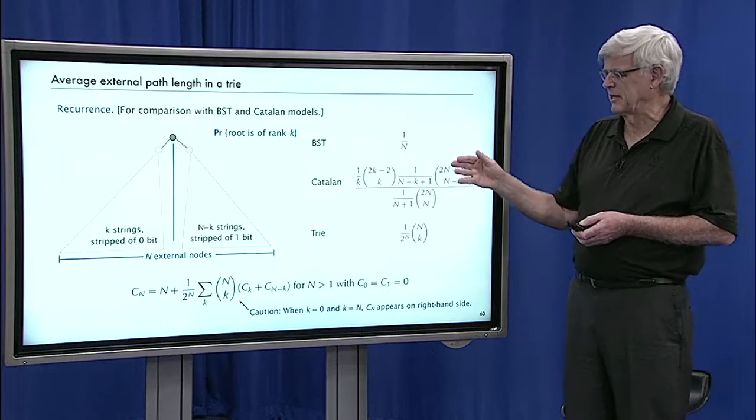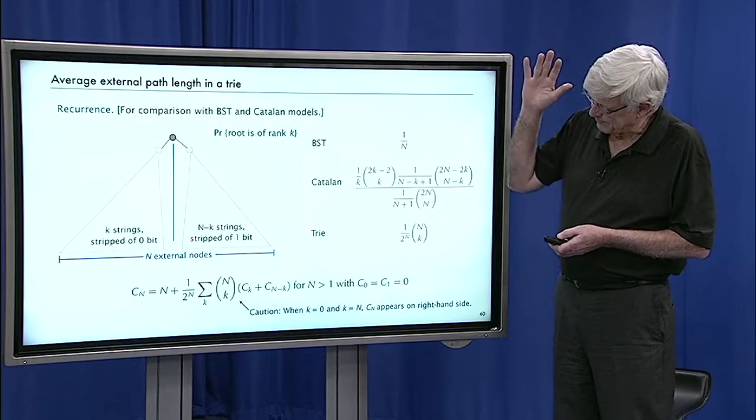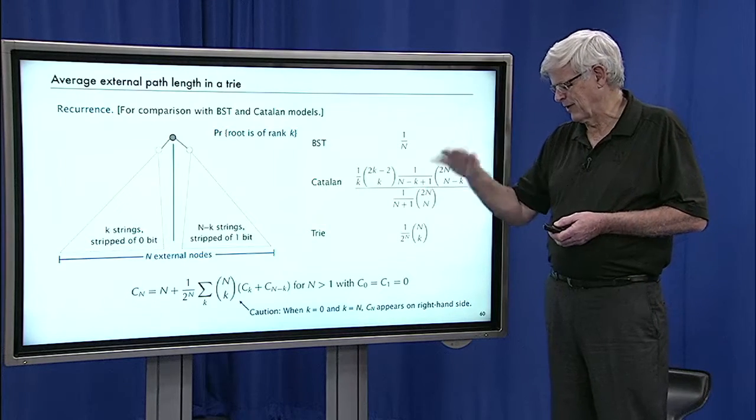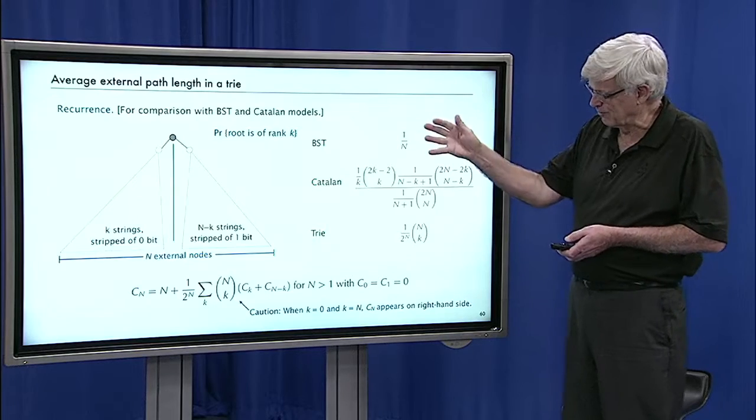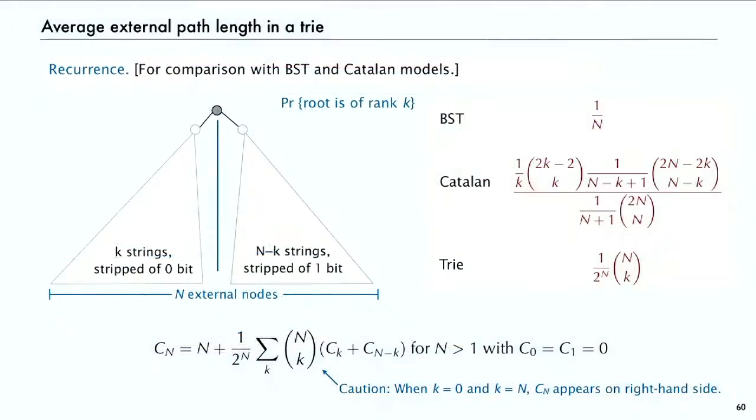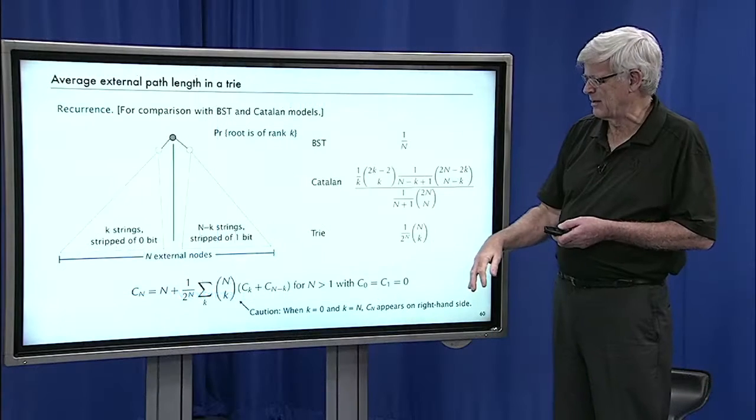What's the probability that when you have n random strings, k of them start with a 0 bit? It's just 1 over 2 to the n times n choose k. Then the external path length of a trie is, as you look at the root, that adds n to the external path length because there's n nodes down below it.